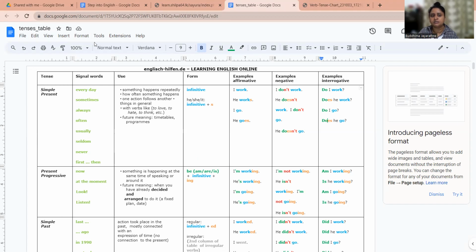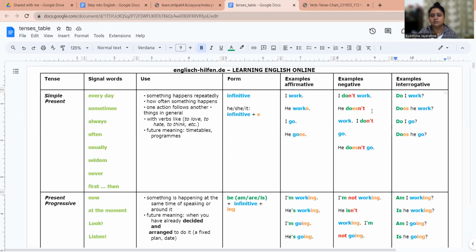So I hope you can see it clearly. So let me make it bigger. So here you see do. So as you learned previously, it ends with O. Does. And negation is he doesn't. And at the same time, when you make the interrogative or the question form, you take this do or the helping verb.